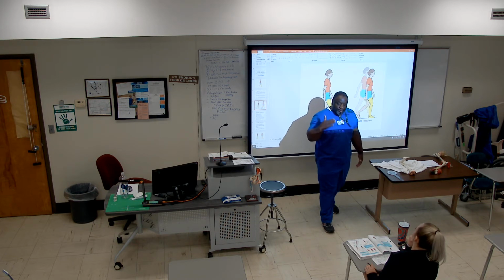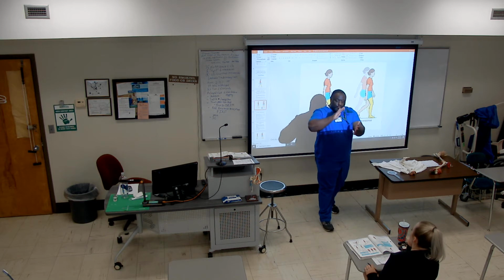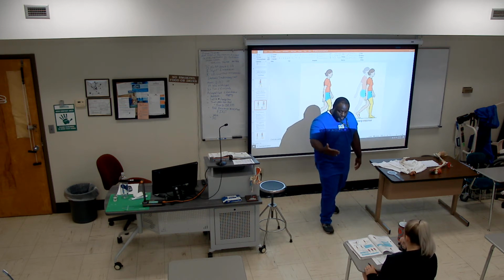How does it get there? Concentrically or eccentrically? Eccentric quad. So the quads are lowering me down for shock absorption. Remember, it's like when you jump and your knees don't bend. So I need to lower me 20 degrees in foot flat for shock absorption.